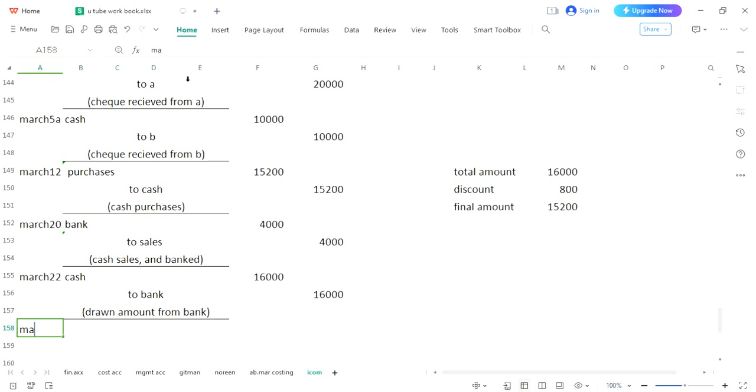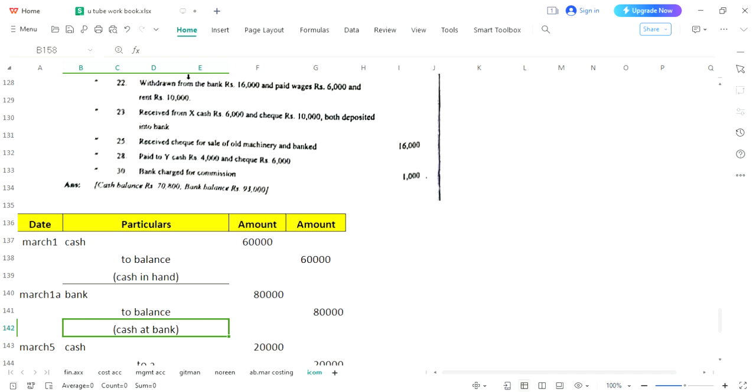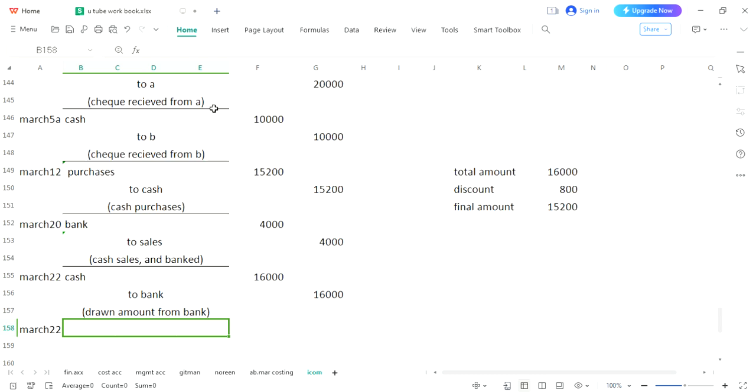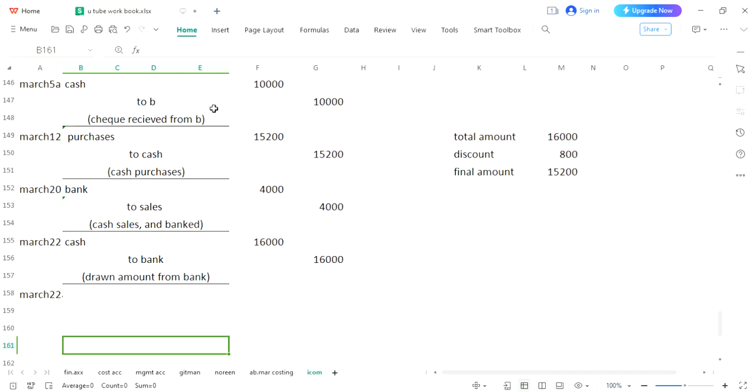Next, same March 22A. Why? Because there we have divided our entry into two parts. Drawn cash, and now we have paid wages and rent. When you will pay wages, what will happen? Paid wages and rent.